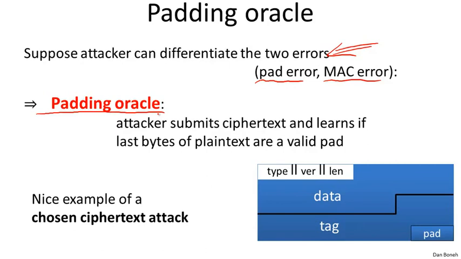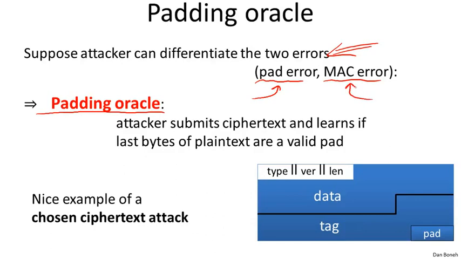The server is going to decrypt the ciphertext and then look to see if the pad has the correct format. If the pad doesn't have the correct format, we'll get one type of error. If the pad has the correct format, since this is just some random ciphertext that the adversary concocted himself, it's very likely the MAC will be incorrect, and then the adversary will observe a MAC error. So if the pad is invalid, we'll see a pad error, whereas if the pad is valid, we'll see a MAC error.